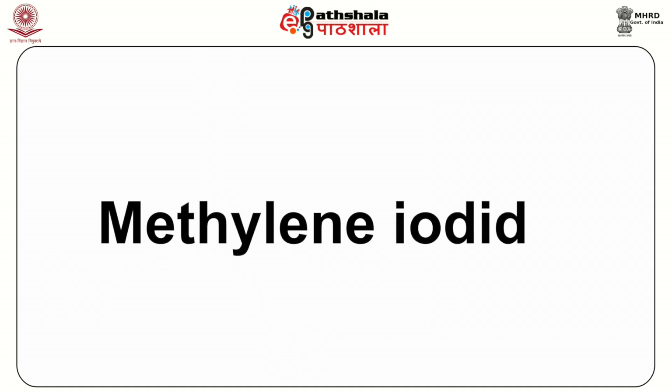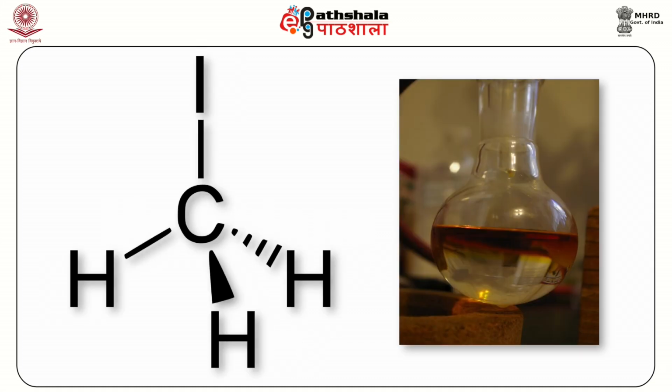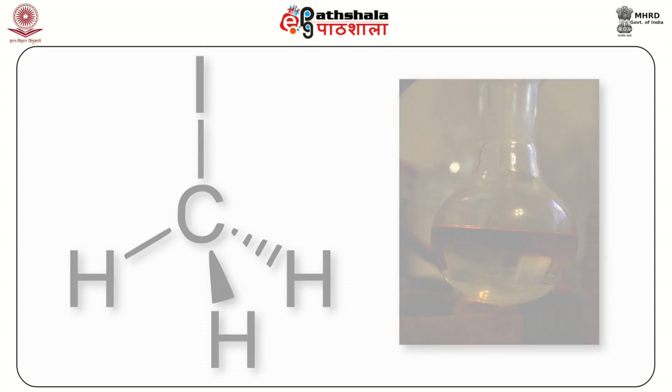Methylene iodide, also called iodomethane. This is a chemical compound with symbol CH3I. It has high density 2.28 gram per cc, and is a colorless and volatile liquid.